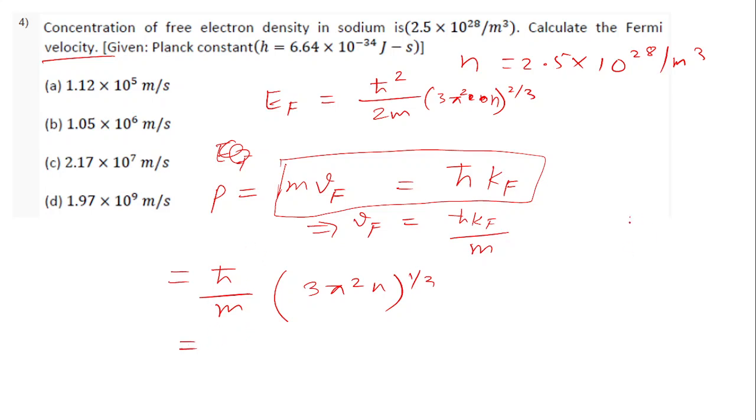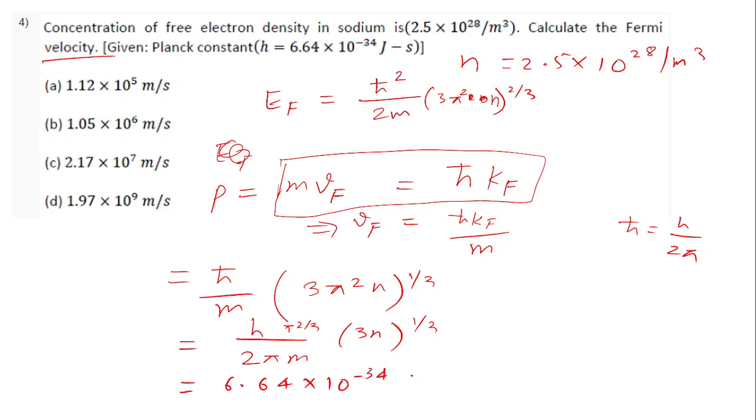Again, h bar is h over 2 pi, so this will be h over 2 pi m, and this pi square outside means pi to the power 2 by 3, and 3n inside. When we substitute all the values, this will be 6.64 times 10 to the power minus 34 joule second, pi to the power 2 by 3, 3 multiplied by n, which is 2.5 times 10 to the power 28 per meter cube.